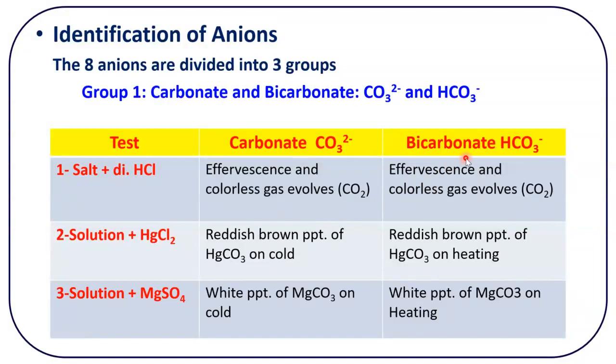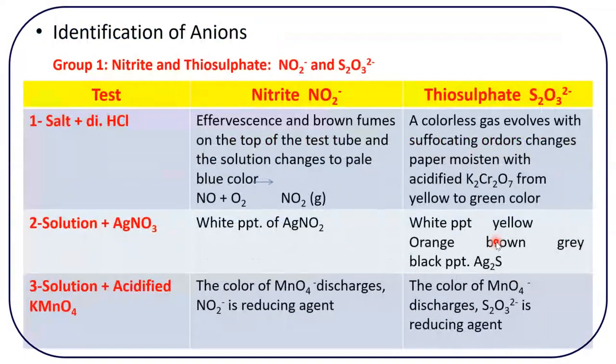While all bicarbonate salts are soluble in water. So wherever you have bicarbonate, it's soluble in water. On heating, you convert this bicarbonate into carbonate, which is insoluble in water. Very good.